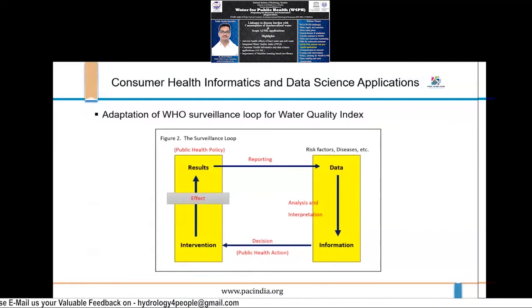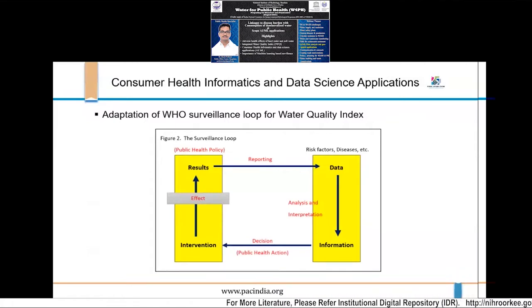We know the risk factors and diseases, which form our data. Once you analyze or interpret the data, it transforms into information. The information should lead to decision making, or what we call public health action. The decision or action can be termed an intervention, and when the intervention is applied, it leads to an effect, and the results would be some change in behavior, attitude, or practices.